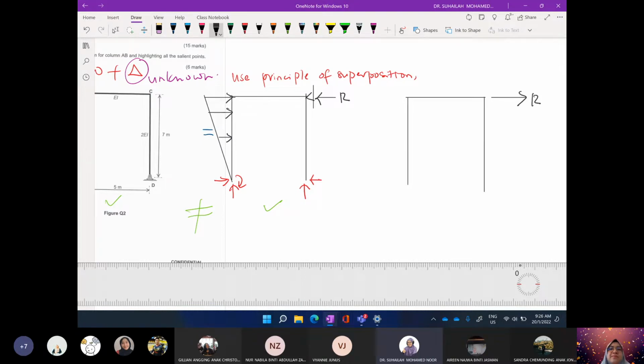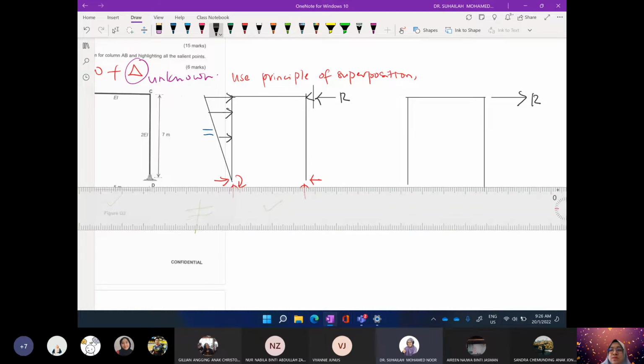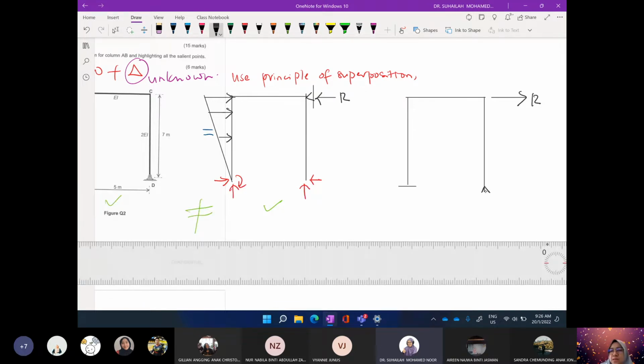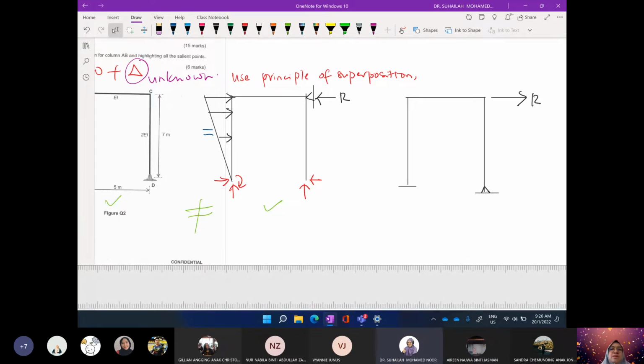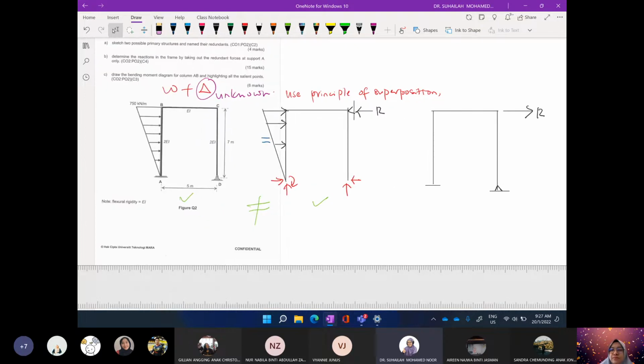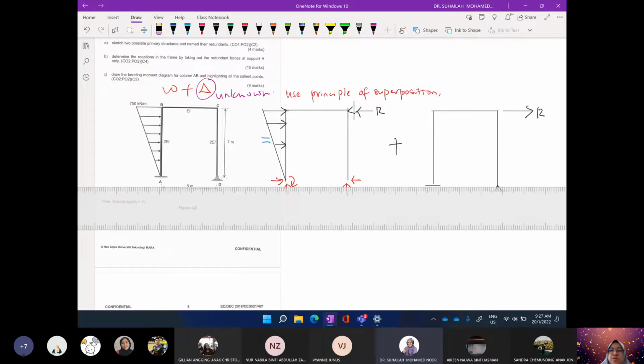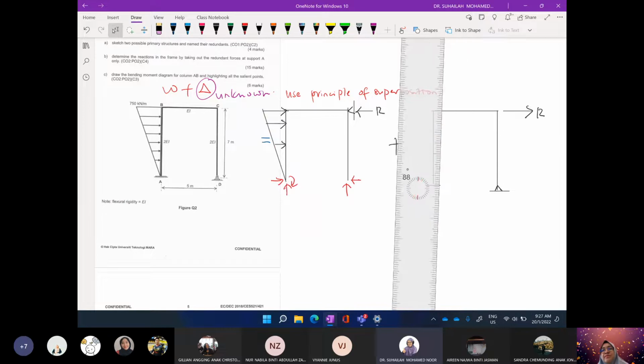So this is in opposite direction. Okay, so this is pin, fix, and pin. So after we have plus with this, then only we fulfill the principle of superposition, because due to R, we have the delta.